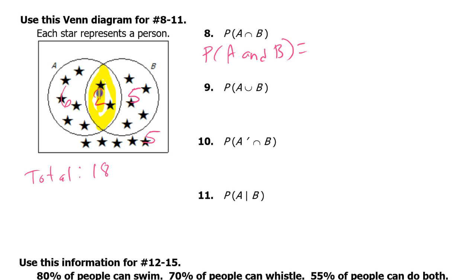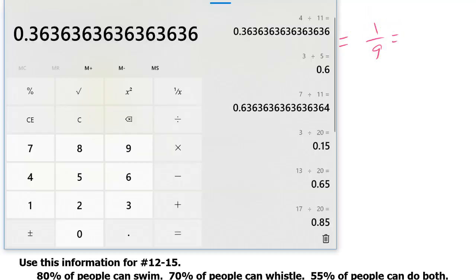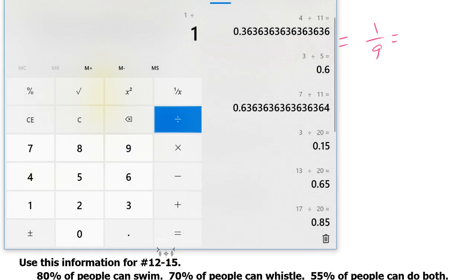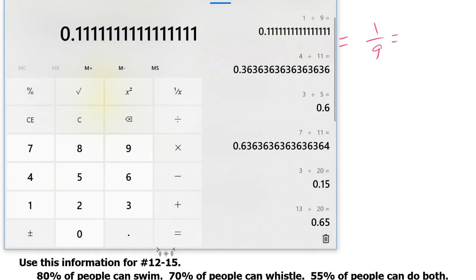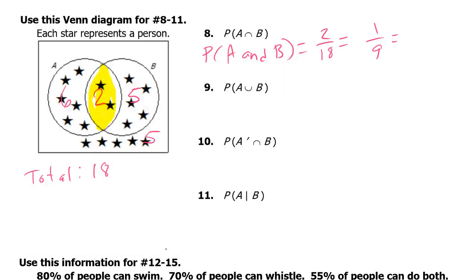All right, this is A and B. So that's 2, but we're doing probability, so we're not just going to say 2. We're going to do 2 divided by 18, target over total. Of course, that's going to reduce down to 1/9. So let's go ahead and turn that into a decimal as well. 1 divided by 9. So that's 0.1 repeating.